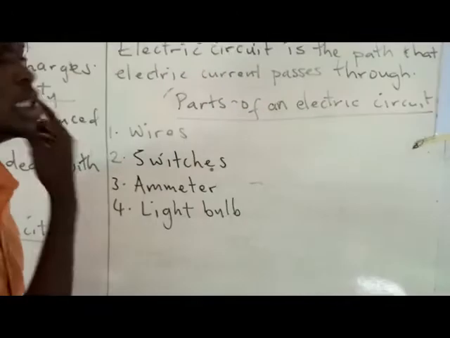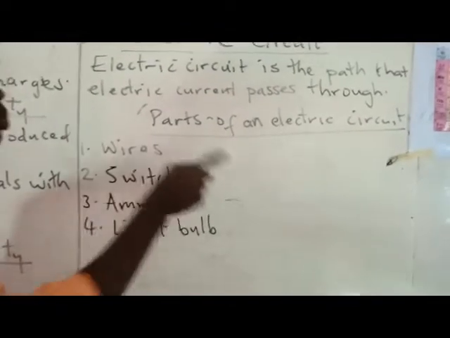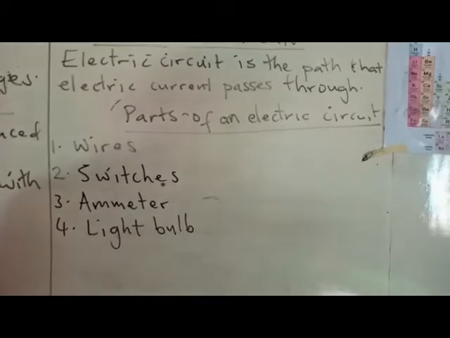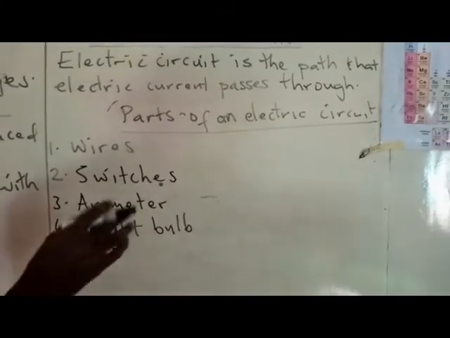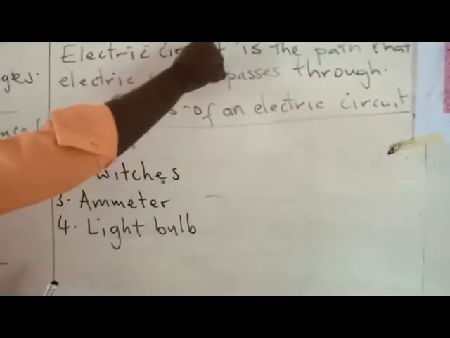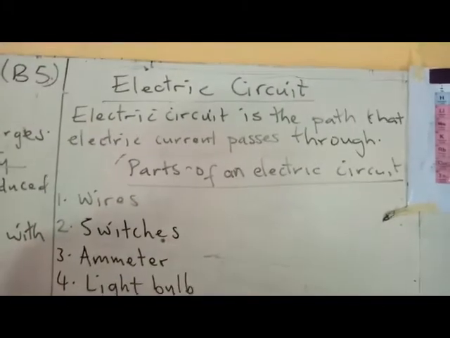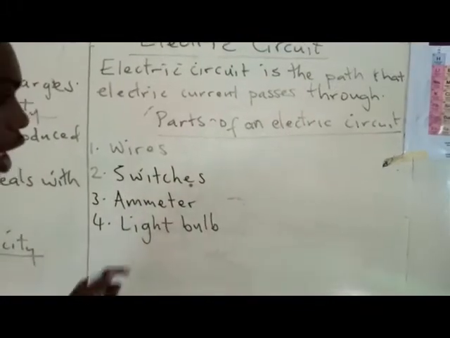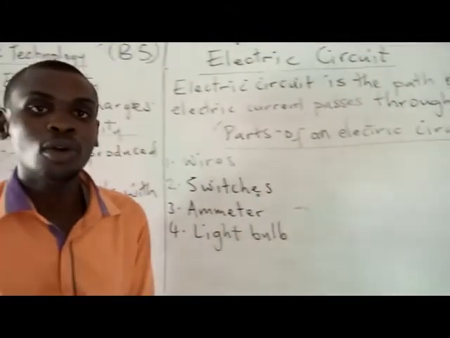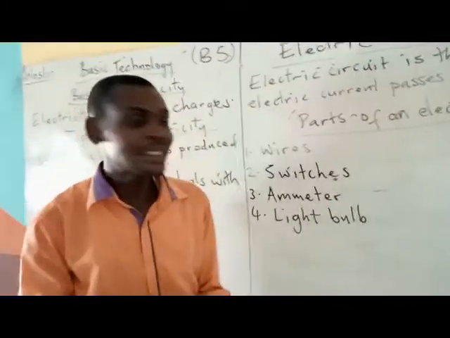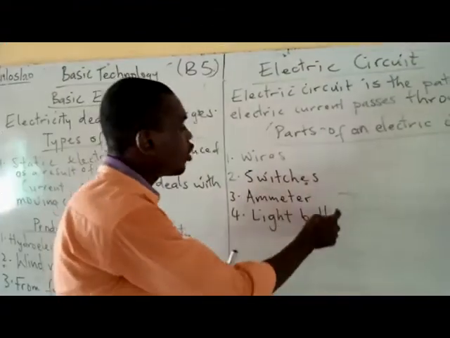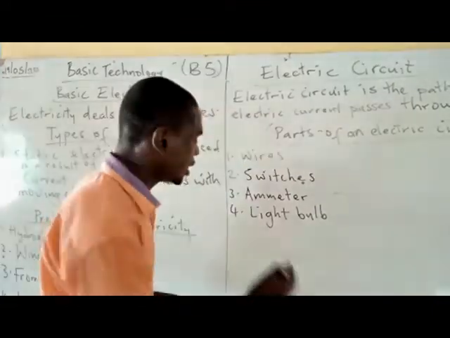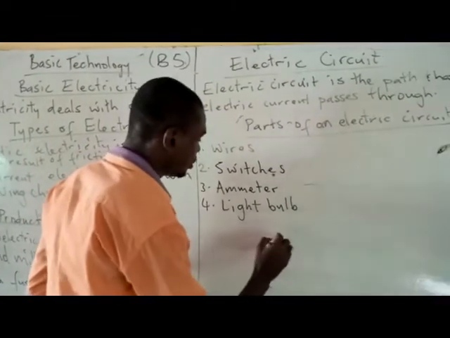Now in your house, when you press on the switch, what happens is you are either completing a circuit or breaking the circuit. Now in order for electricity to flow, it is important that all these components that I listed here are connected together.